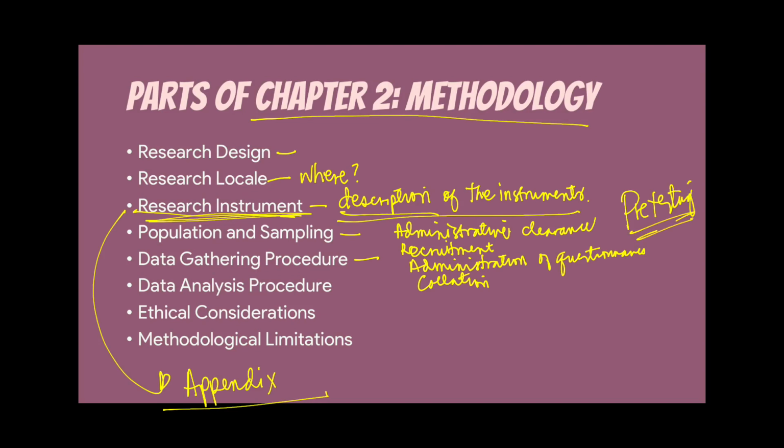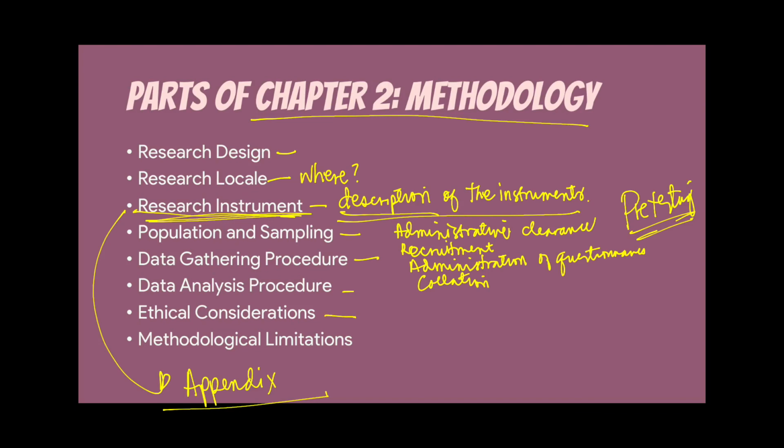All right? And then we have the data analysis procedure, where you put all of the statistical tools that you will use based on the variables that you're going to be measuring. So you're going to be using mean, median, mode, standard deviation, Kruskal-Wallis, etc. This one you will learn in your more advanced statistics class.